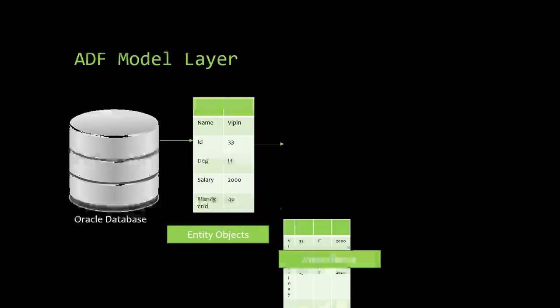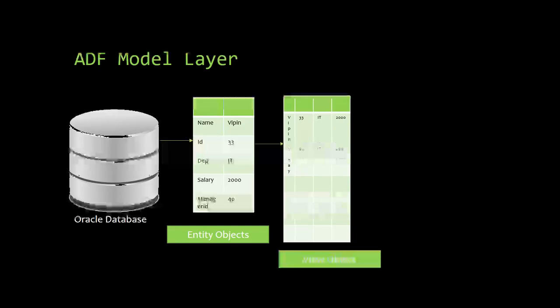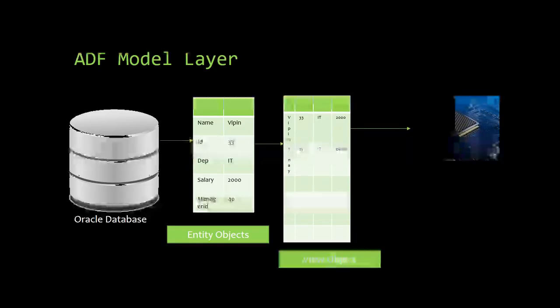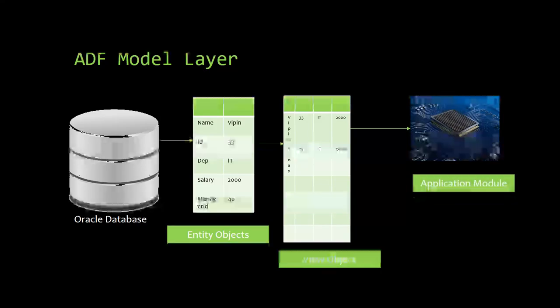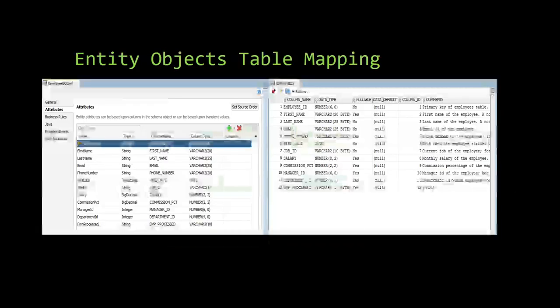Then it goes to your view layer that we are going to cover next, and then to your application module, which holds the entire transaction. But your entity object is the first source of truth, which is directly interacting with your Oracle database.